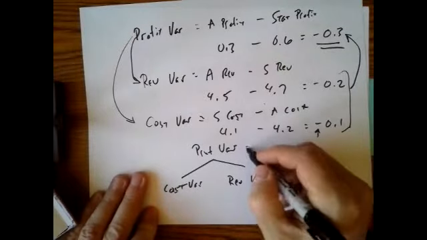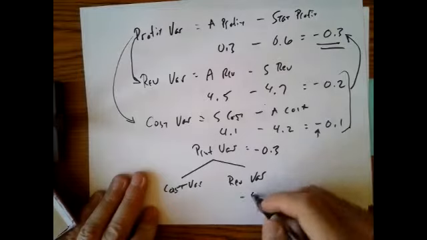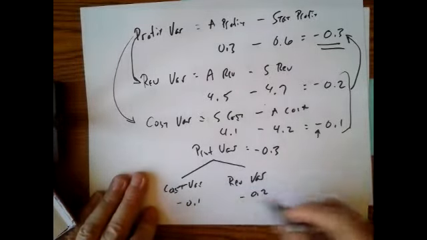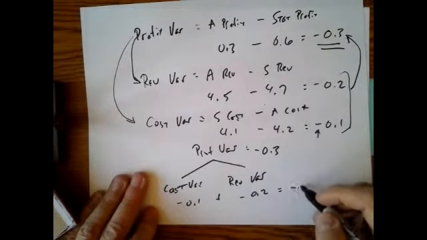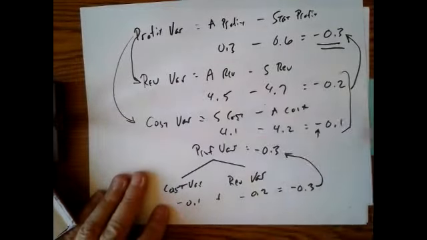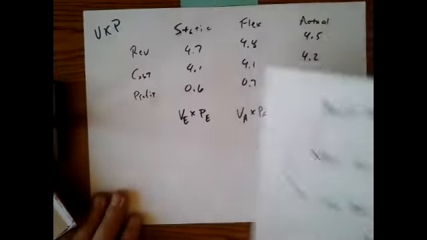Profit variance was negative 0.3, revenue variance was negative 0.2, cost variance was negative 0.1. So negative 0.1 plus negative 0.2 gives us negative 0.3. That matches back up to our higher level of variance.